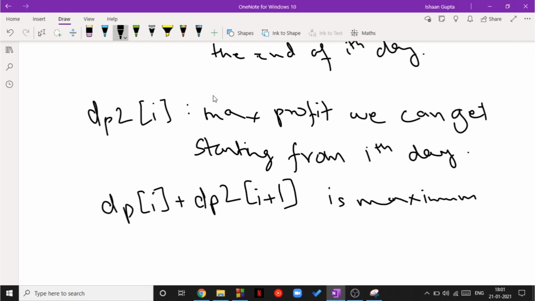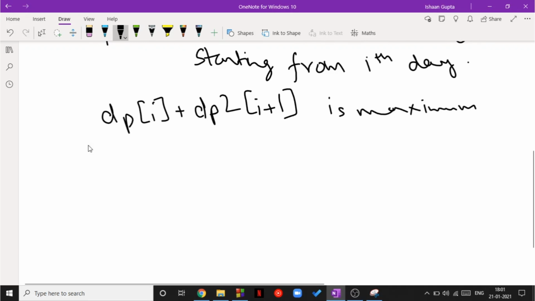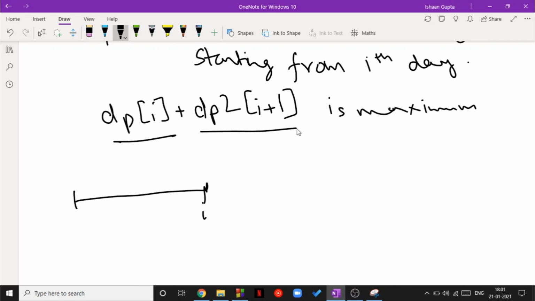So what this means is DP of I gives us the maximum profit till ith day, and this gives us maximum profit from I plus 1 till nth day. Now we have to find such I for which this value is maximum. Okay, now first we have to construct DP of I, then we have to construct DP2 of I plus 1.